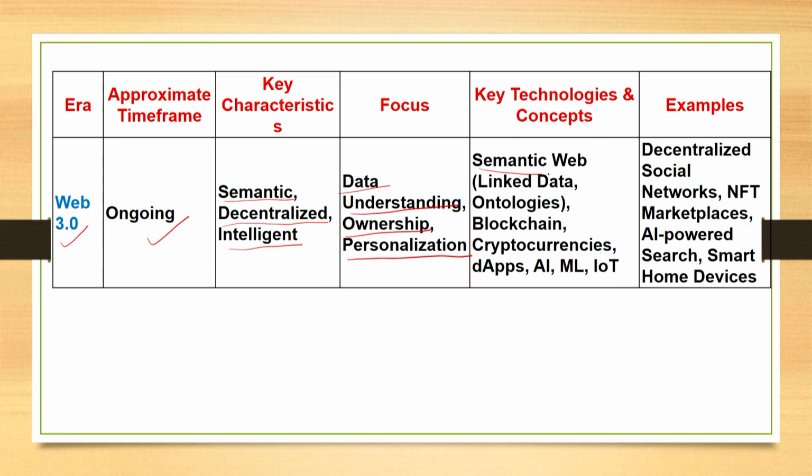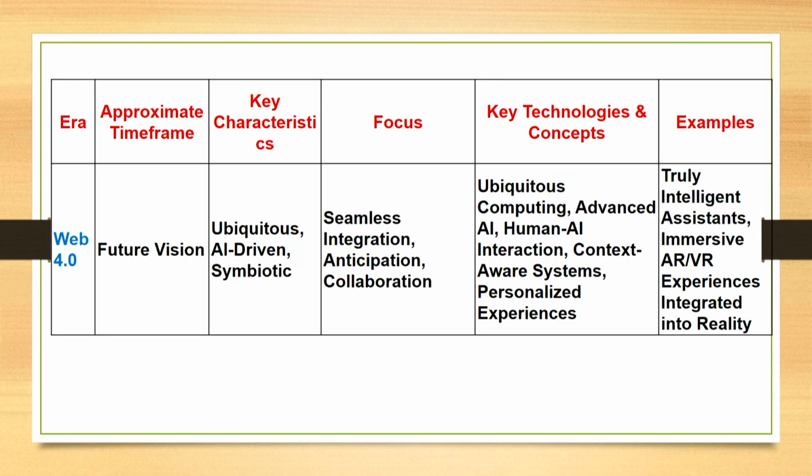Technologies that we use are the semantic web that you call linked data, ontologies, blockchain, cryptocurrencies, dApps, artificial intelligence, machine learning, and Internet of Things. Examples are decentralized social networks, NFT marketplaces, AI powered search like ChatGPT, smart home devices.